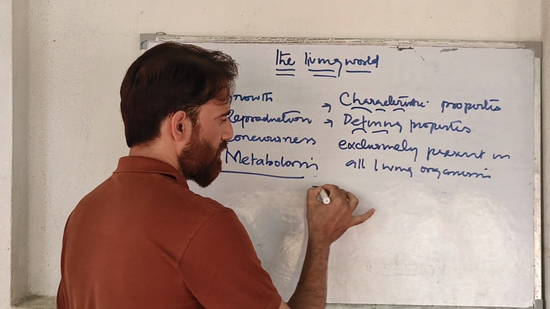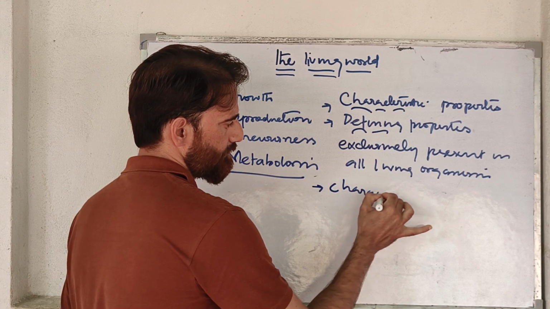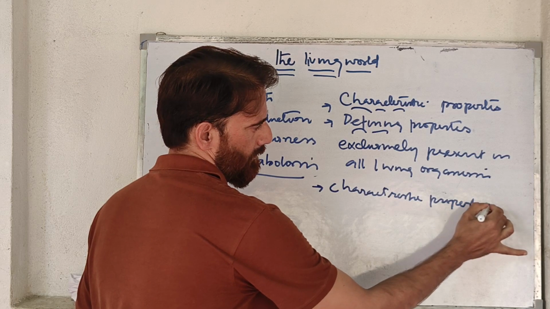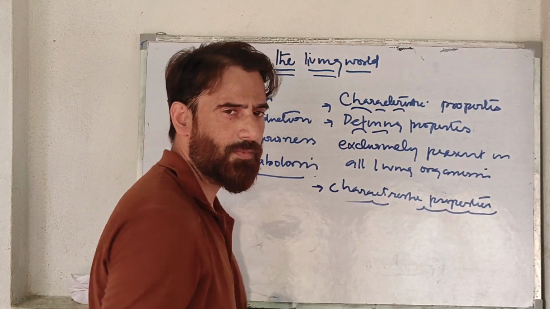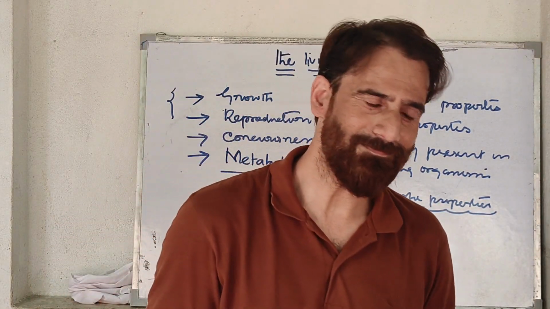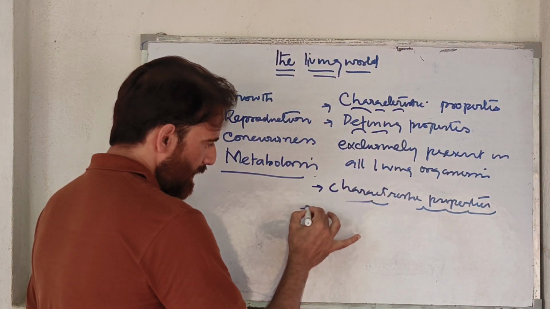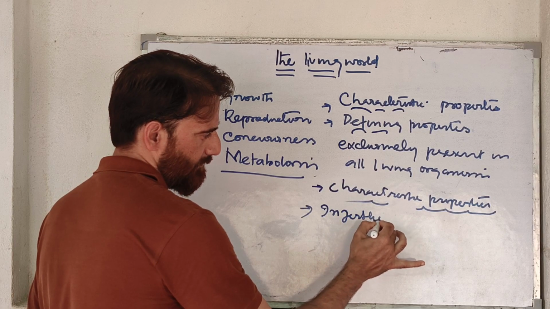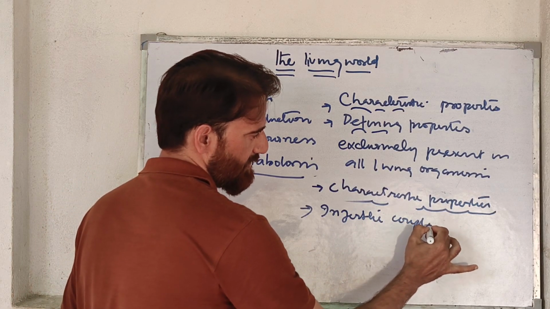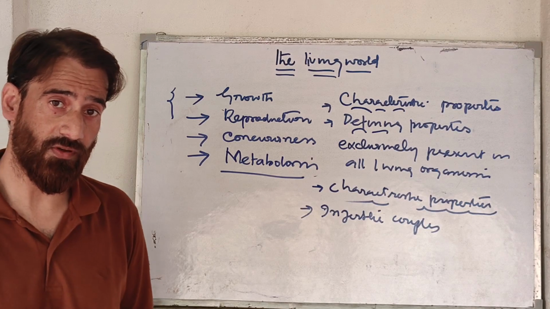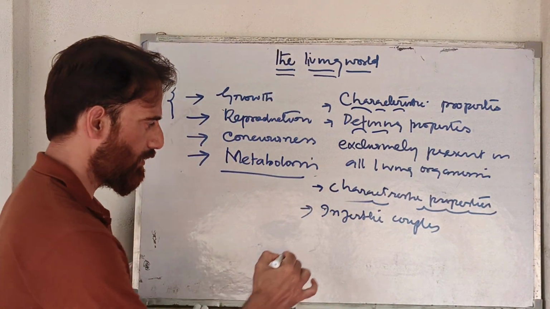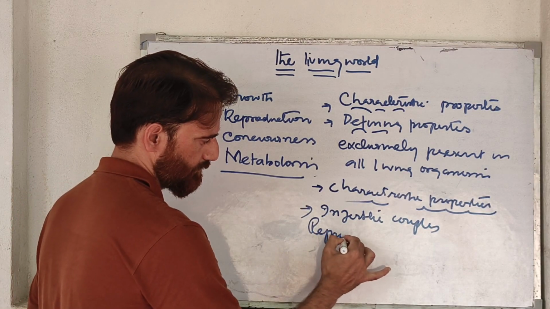Suppose I talk about the characteristic property. Suppose I talk about infertile couples, as an example. Infertile couples are also living organisms, but they cannot reproduce.